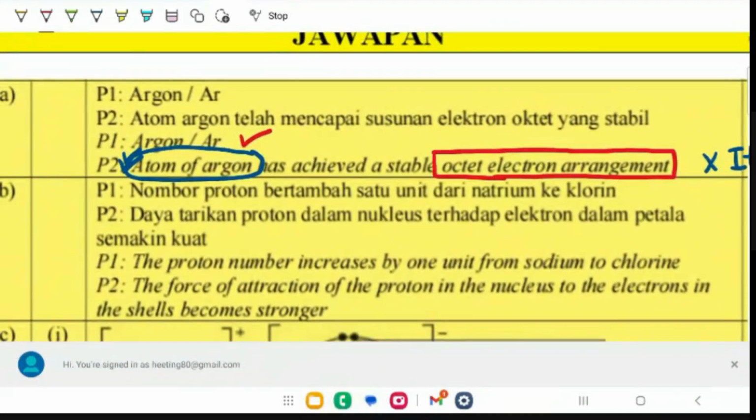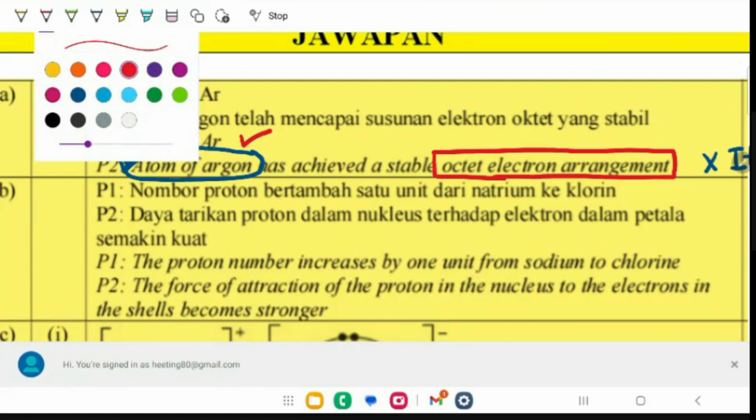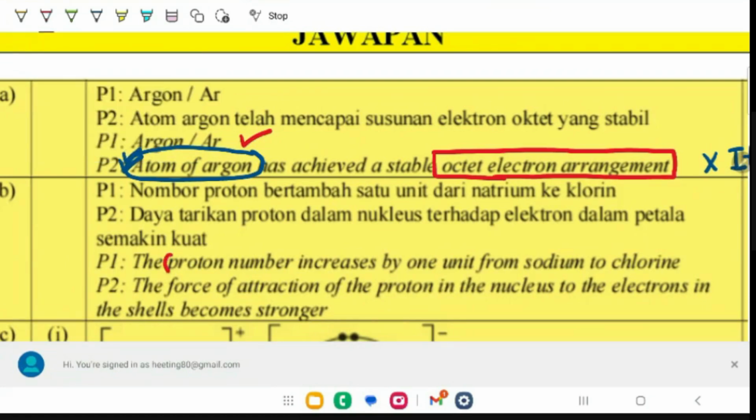So first, proton number. The proton number increases by 1 unit from sodium to chlorine. Then number 2, the force of attraction of the proton to the electrons becomes stronger.